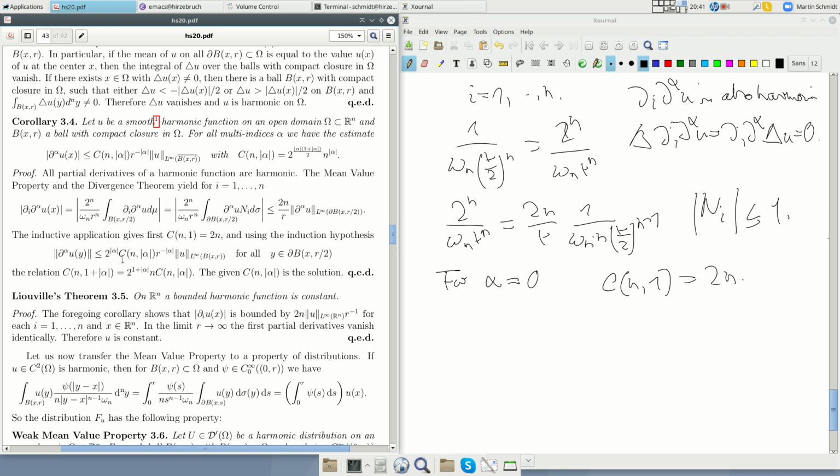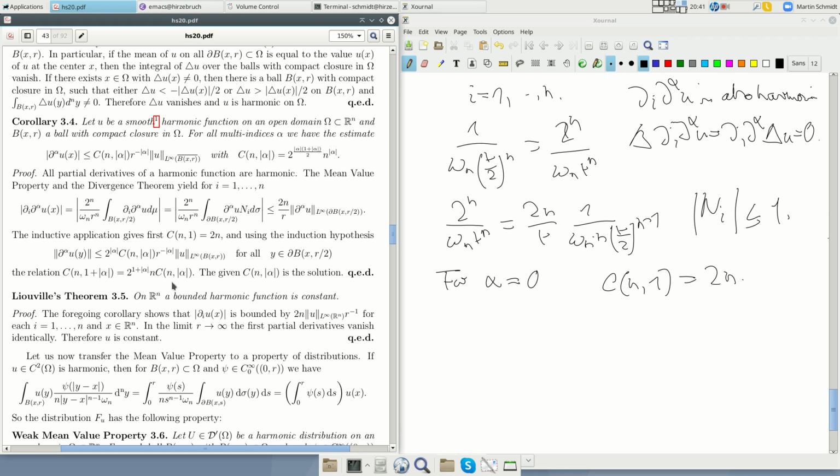So we get the power from this, we get the power 2 to the absolute value of alpha, and we get one additional factor 2 due to this factor. Then we get this constant. So we really see that we get this recursive relation on these constants, and now it's quite easy to see that we immediately get the solution for these constants.